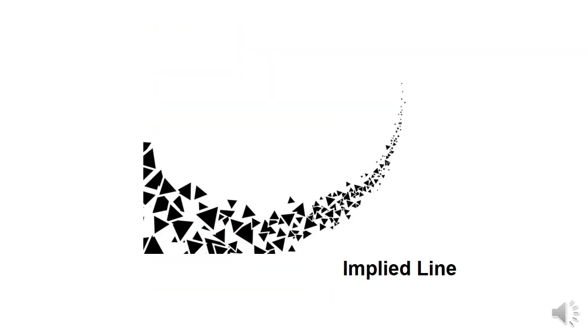Another type of implied line would be to just strategically place shapes in such a way that our eyes go with them. So in fact, there's not really a line here. There's just a whole bunch of shapes, but by the way the artist placed them together, we follow it. This is another example of that. You can see that there is a line that has been created right here, a super strong one, right?